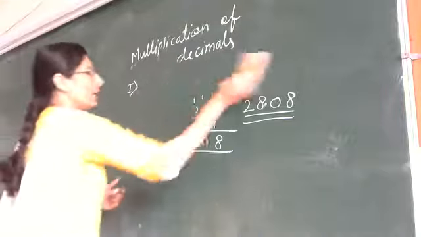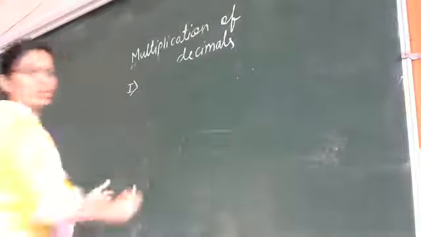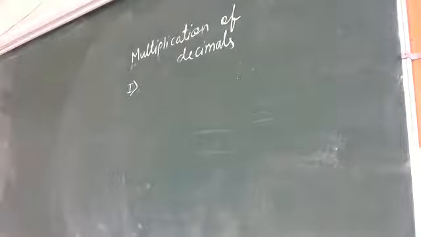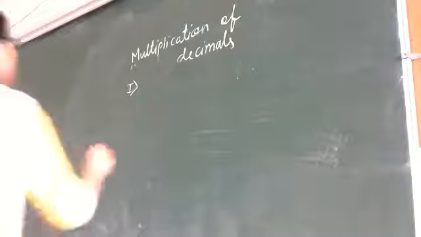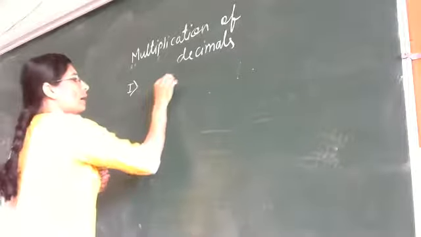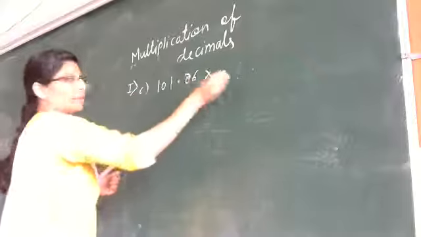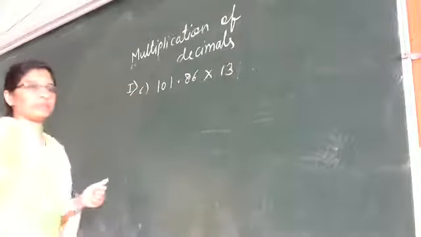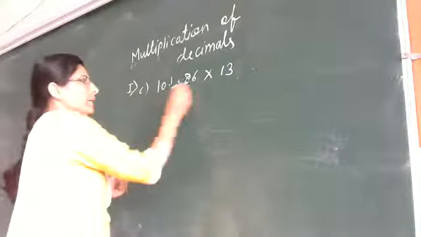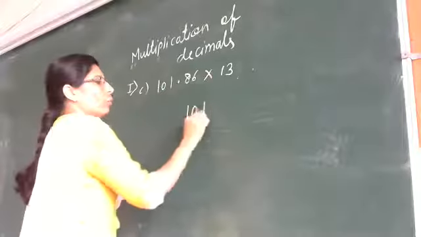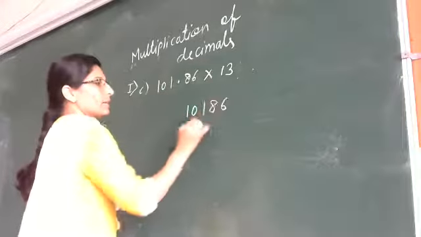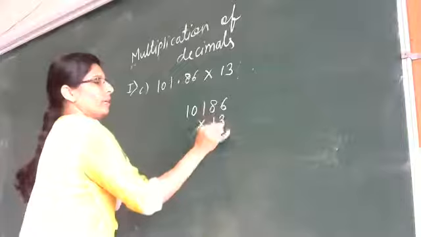Okay, we'll do some more examples. 1.86 multiplied with 13. So first take the full number 186 and multiply with 13.